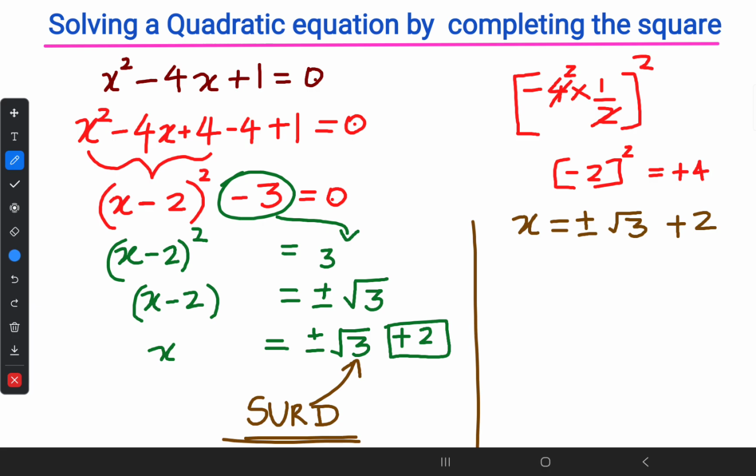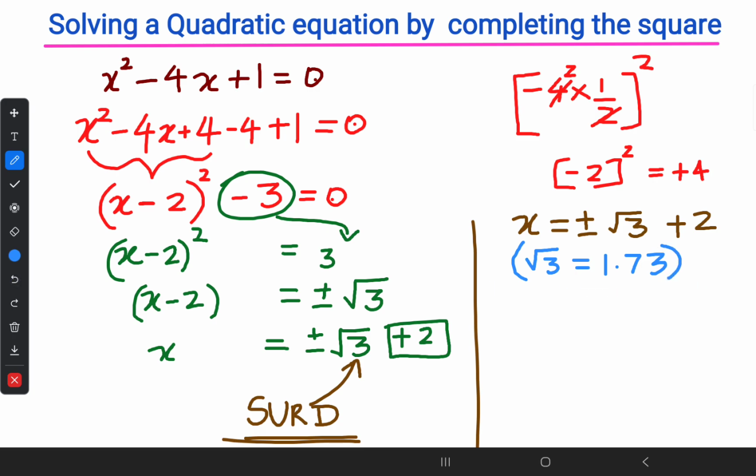So in the question they will give you the data: the square root of 3 is equal to 1.73.